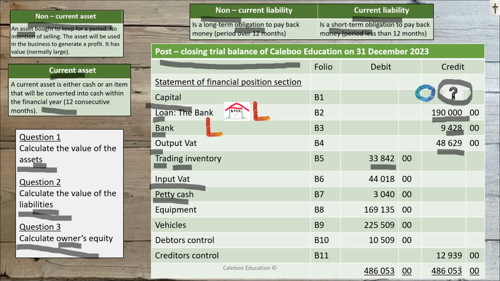I've put in there loan and bank. They fit the definition of a liability. A loan, this happens to be a long-term loan. It's a long-term obligation. And interestingly enough, bank has a credit balance because Calibre Education has gone into overdraft with the bank.